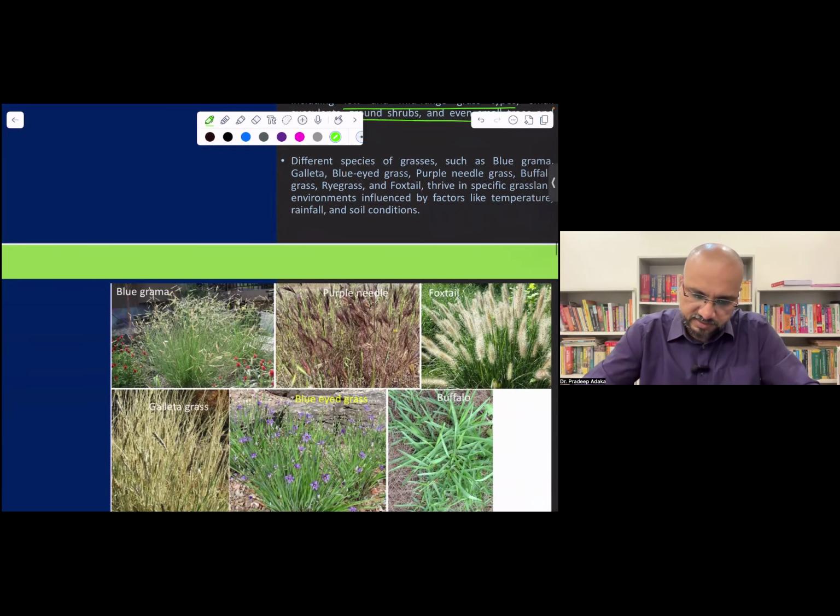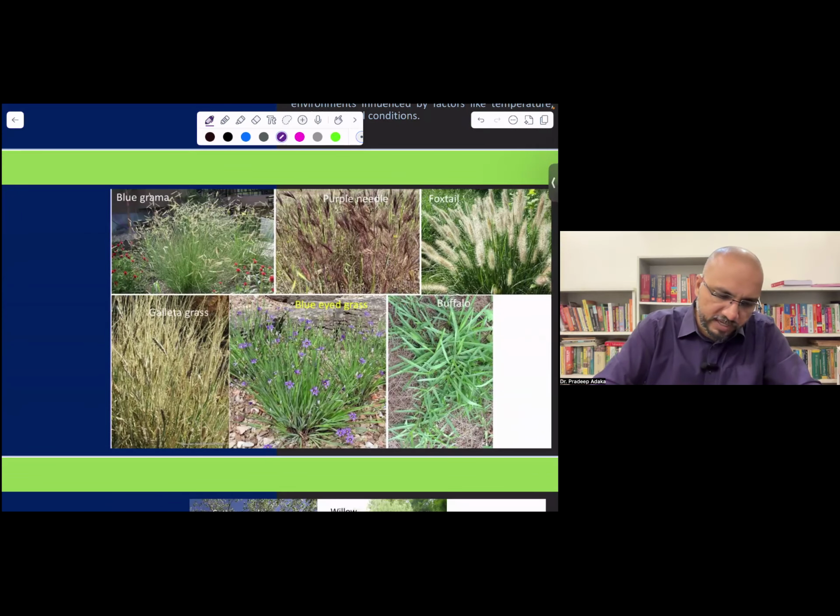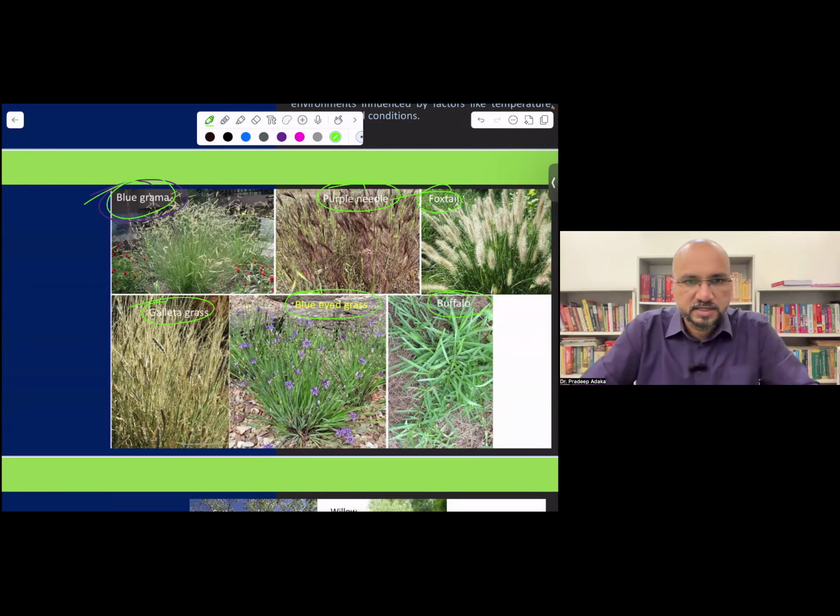These are the grasses which are common: blue grama, purple needle, foxtail, galleta grass, blue-eyed grass, buffalo grass. So these are common grasses that are seen in the temperate grasslands.